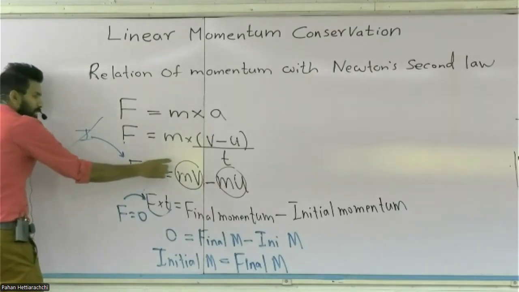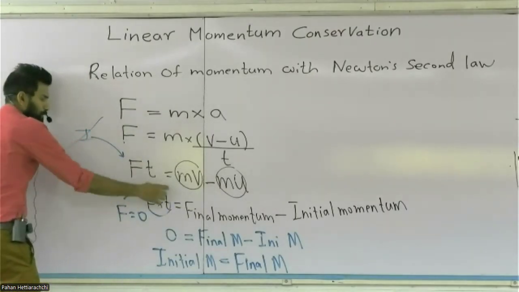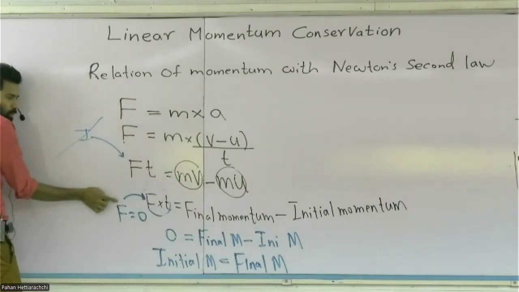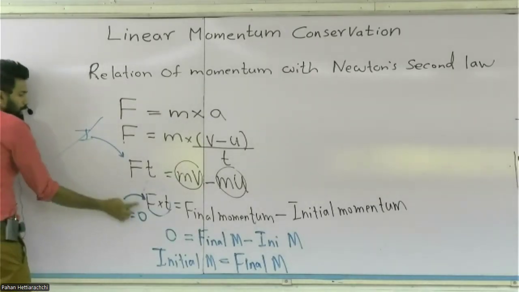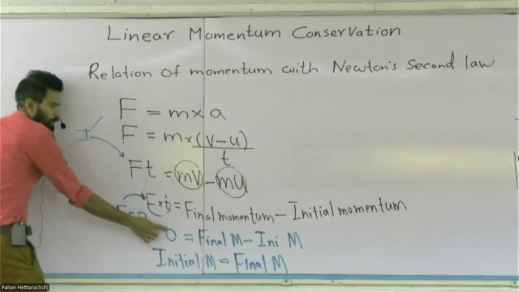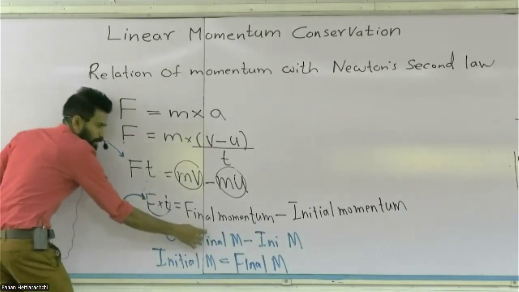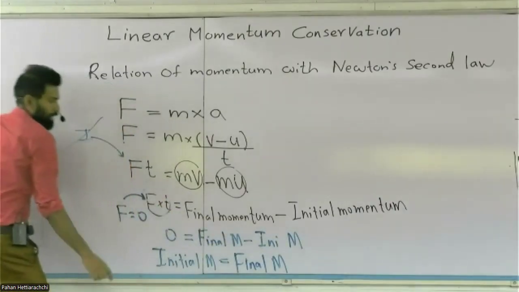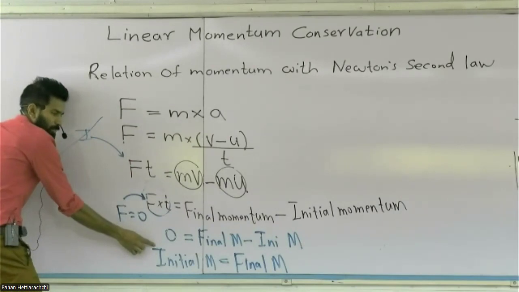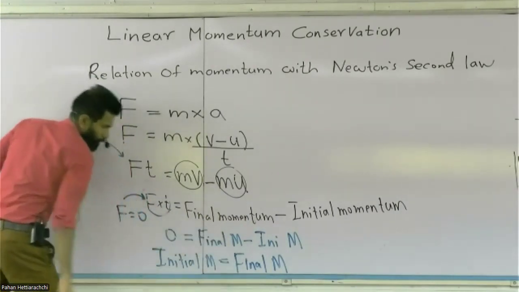Ft is equal to mv minus mu: force into time is equal to momentum difference. If the force acting on the object is zero, what will happen? Ft will be zero, so zero is equal to final momentum minus initial momentum. Take the initial momentum to the left side, then initial momentum is equal to final momentum.